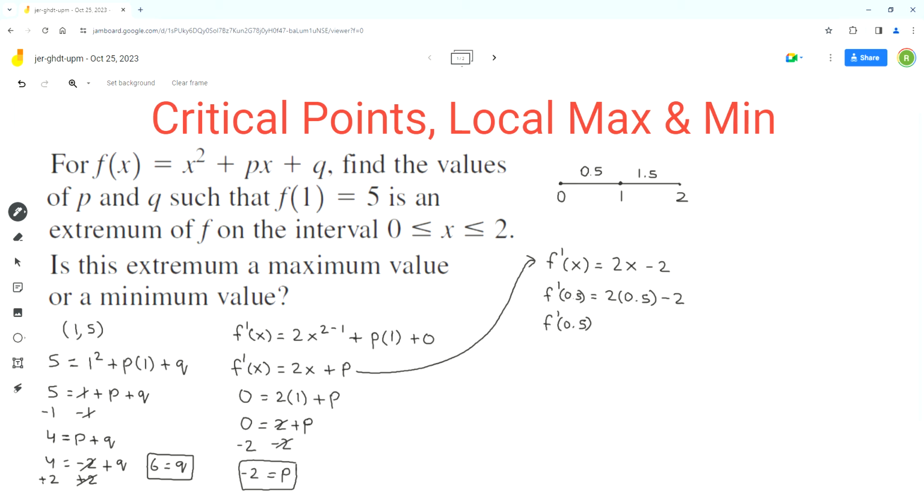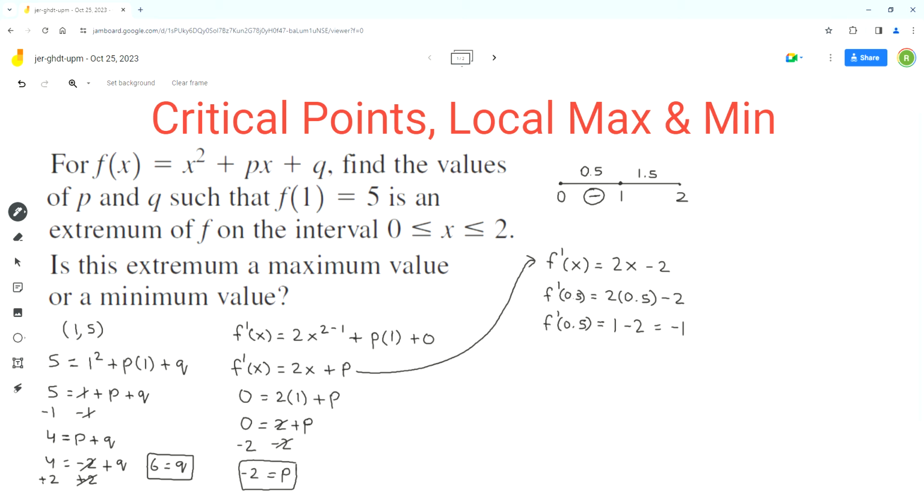So 2 times 0.5 is 1, and 1 minus 2 is equal to -1. So that means f' has a negative value on the left side of x equals 1. That means the function is decreasing on the left side of x equals 1.